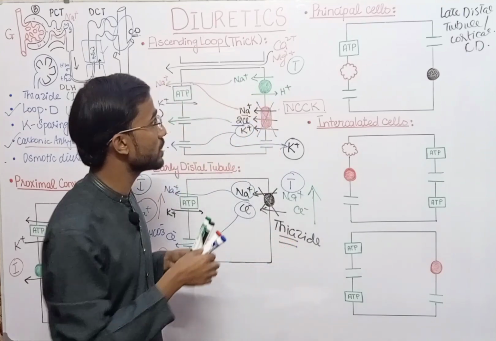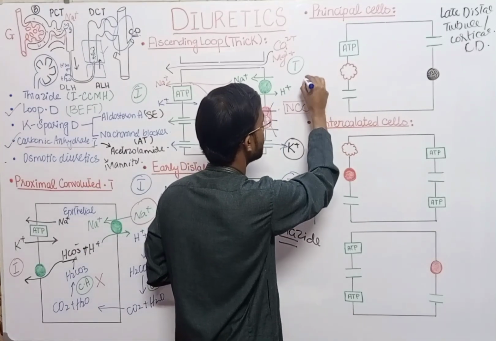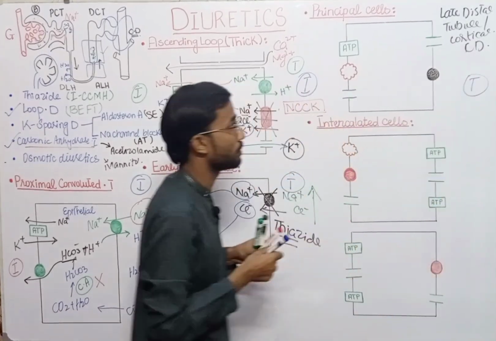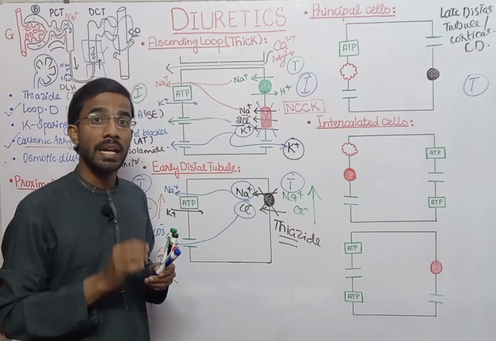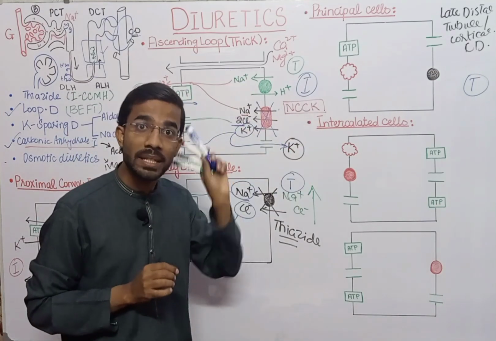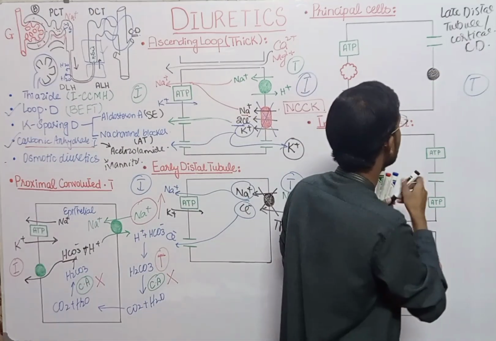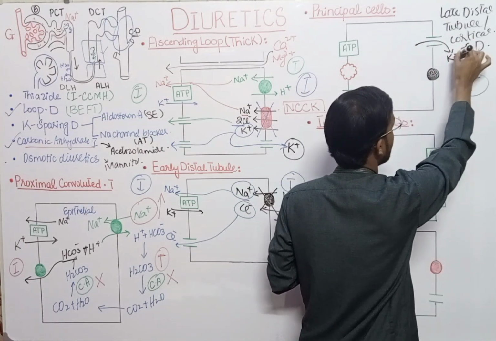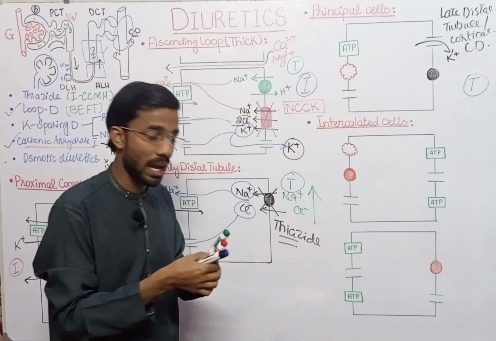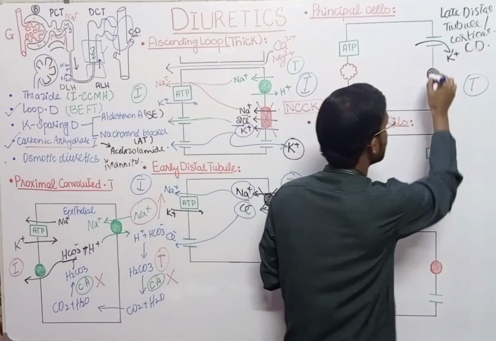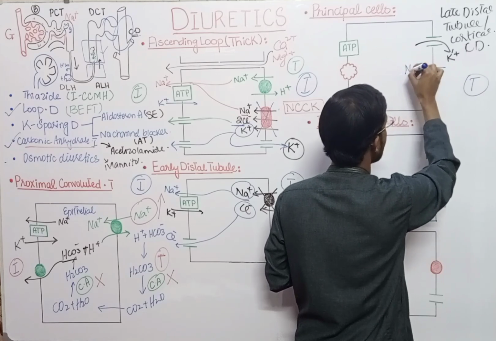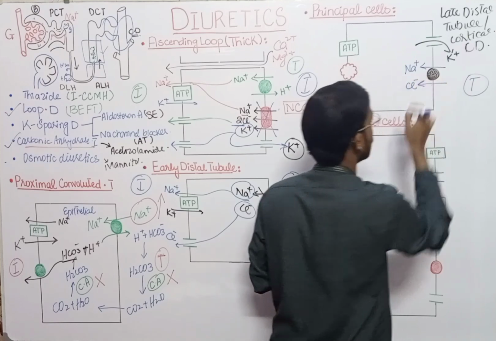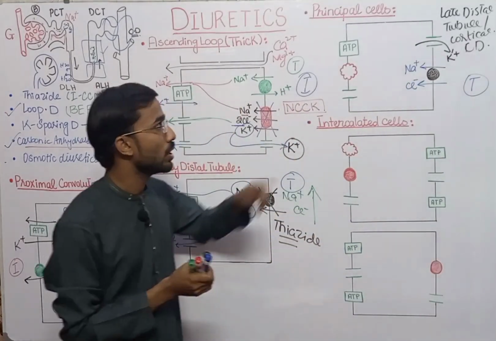Again, this is the interstitial space and this is the tubular lumen. The most important thing in the principal cell is that potassium moves outside, and sodium moves inside along with chloride.